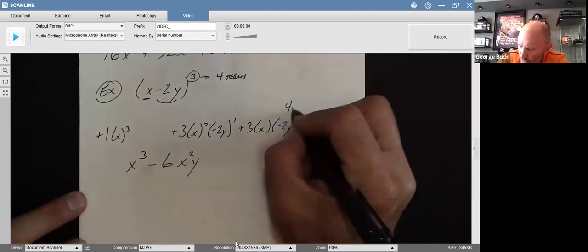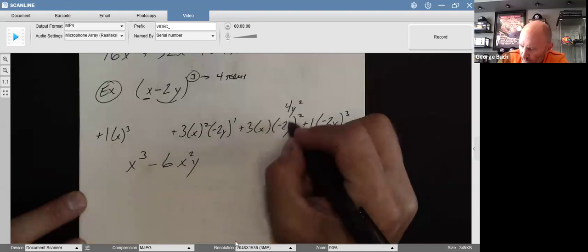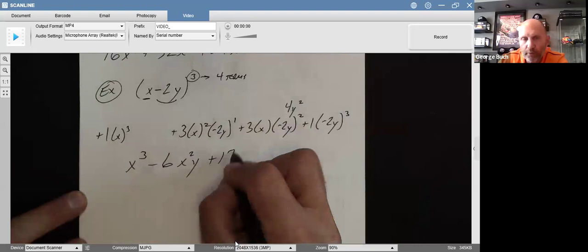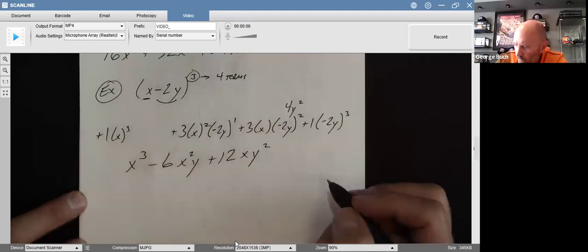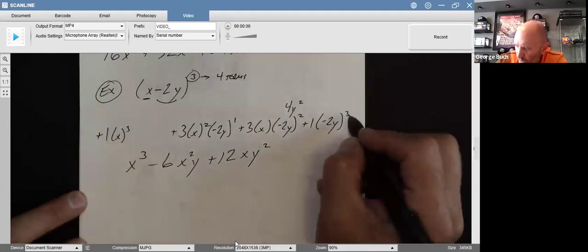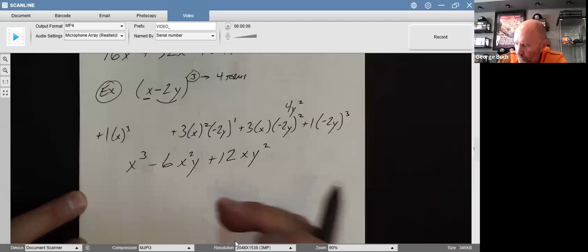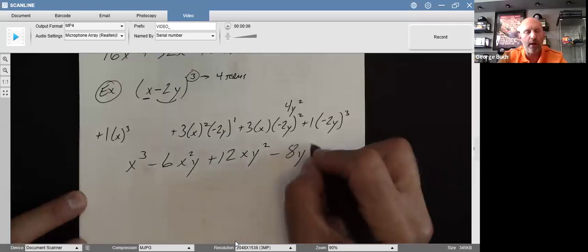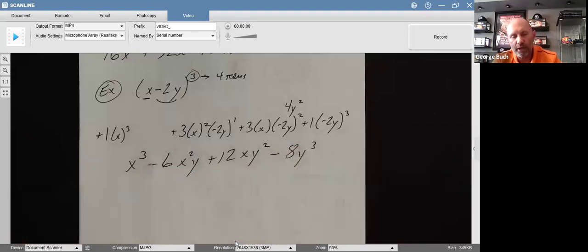So this term here is really 4y squared times our positive 3, so that's 12. So 12xy squared. And this one, negative 2 to the 3rd power, so negative 2 times negative 2 times negative 2 is minus 8, y to the 3rd power. So that should be your answer for this one.